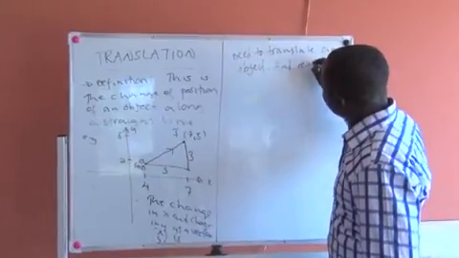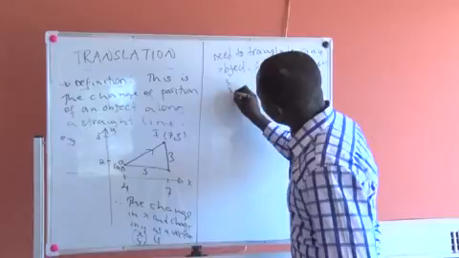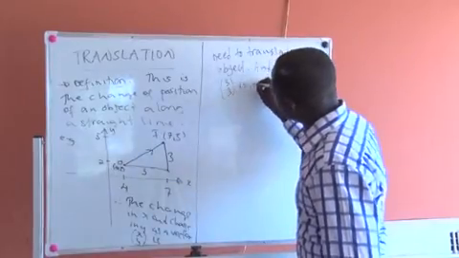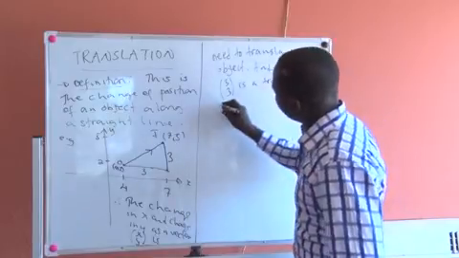And remember, (3, 3) is a translation matrix.